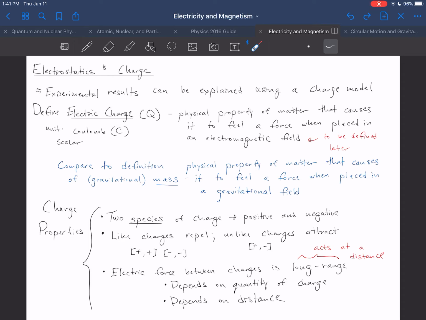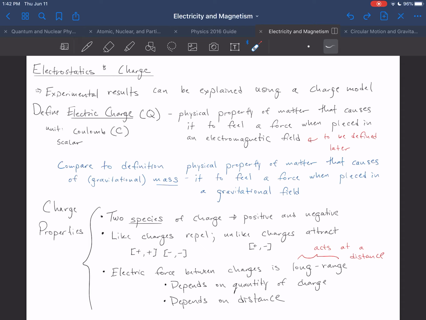Having taken chemistry and been alive in the world, you've probably been exposed to this idea of positive and negative charges, and that's where we're going. But these experiments are the foundation of this model, where this idea comes from, and we'll begin to flesh it out. So we formally define this idea of electric charge given the symbol capital Q.